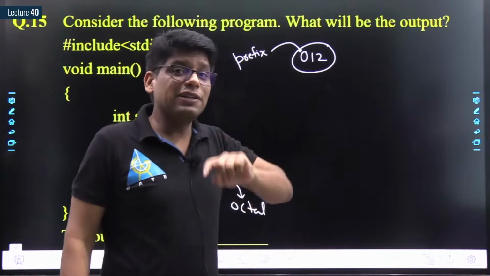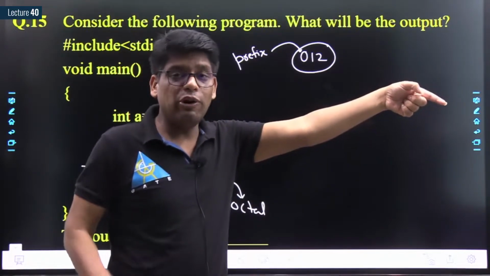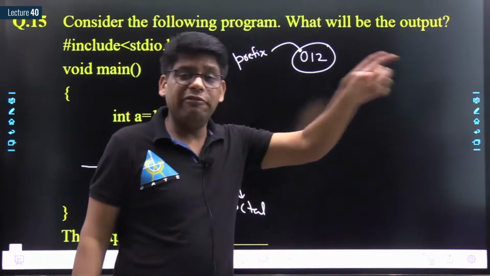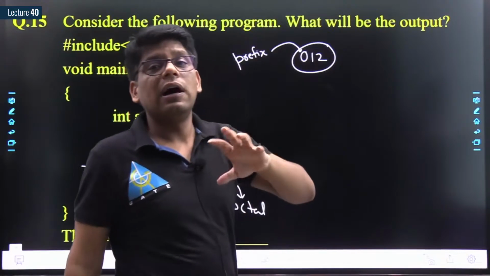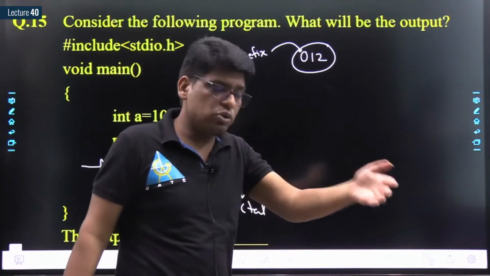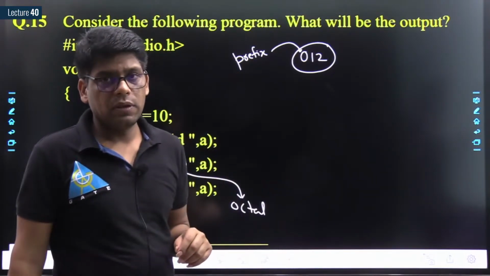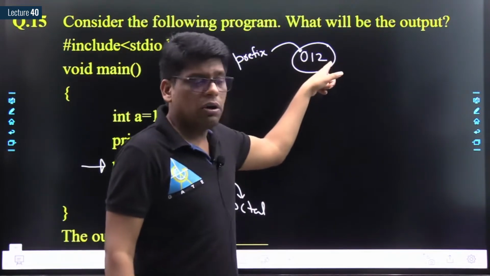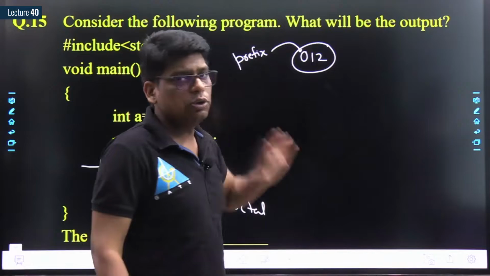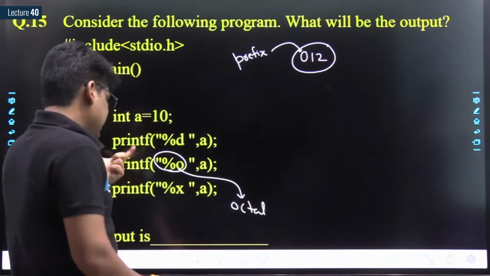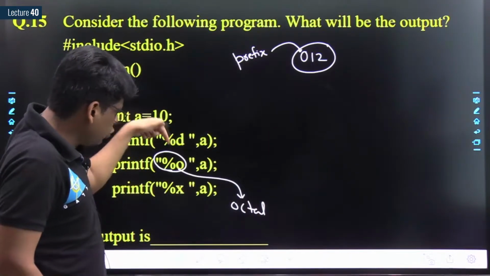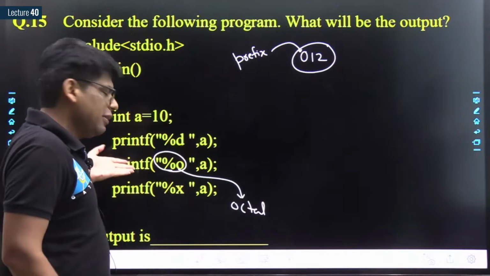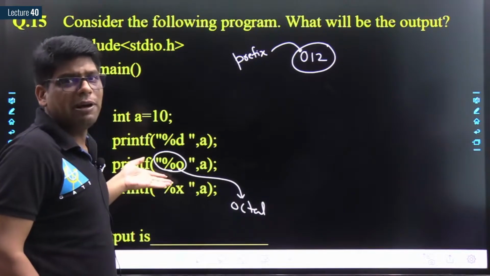Sir, we are appending a 0 for the compiler because by default the compiler knows that everything I am supposed to print or accept is decimal numbers only. Okay, but if we are trying to provide an octal, that means we have to tell something to the compiler.